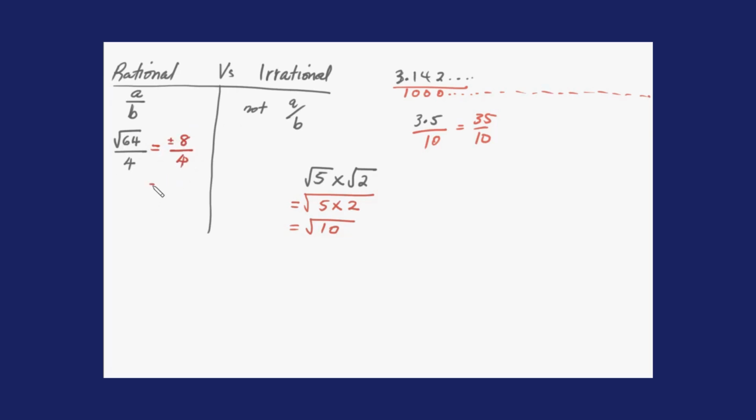That means the answer is plus or minus 2. So this plus or minus 2 can be written as plus or minus 2 over 1, which is in this form. So it's rational. Okay? So this one is irrational, this one is rational. Press the calculator. This one will give you an indefinite decimal, so it's irrational.